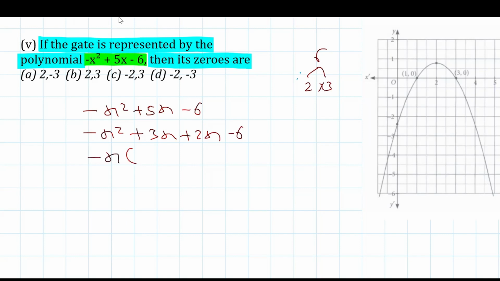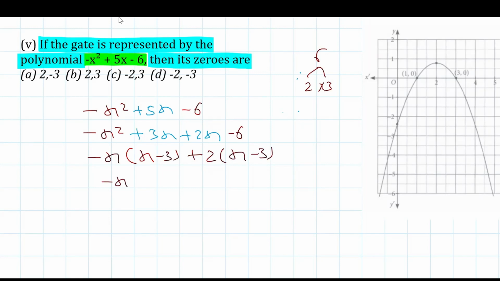If I take minus x common from here, let's understand again what I did over here. I simply split 5x as 3x plus 2x. Now if I take minus x as common, what I'll get? x minus 3. And from the last two terms, if I take 2 common, what I'll get? x minus 3 again.